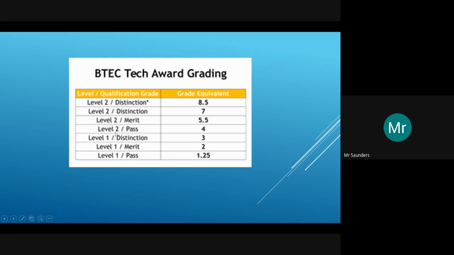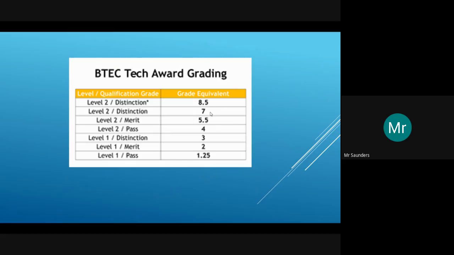Generally speaking, my expectation would be that everybody would be taking this at level 2. If we look at a level 2 pass, we're talking about an equivalent of a 4 at GCSE. Merit, 5.5. Level 2 distinction is a 7, and then level 2 distinction star is an 8.5.